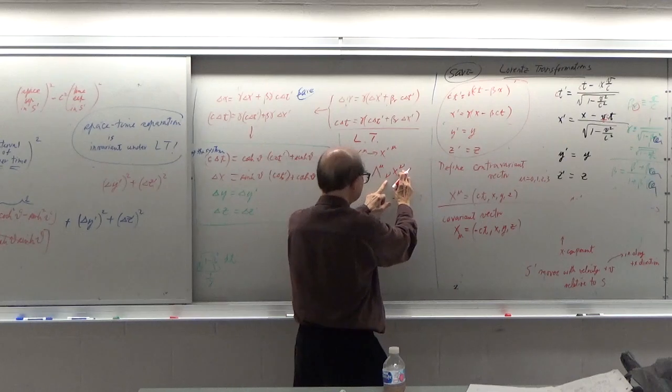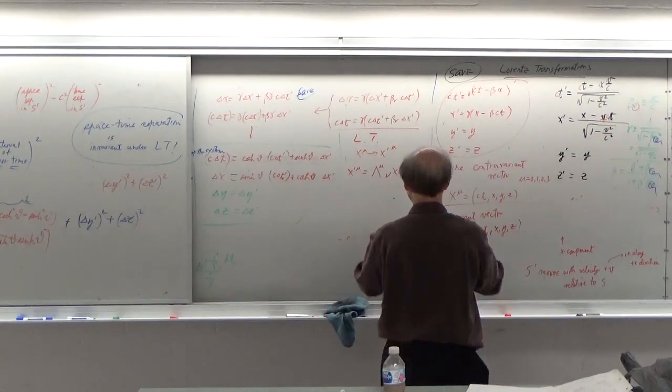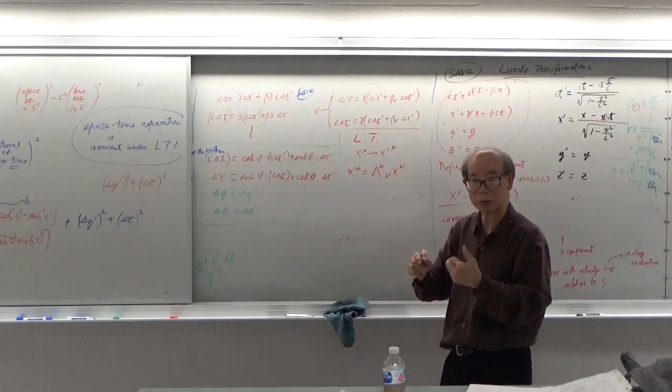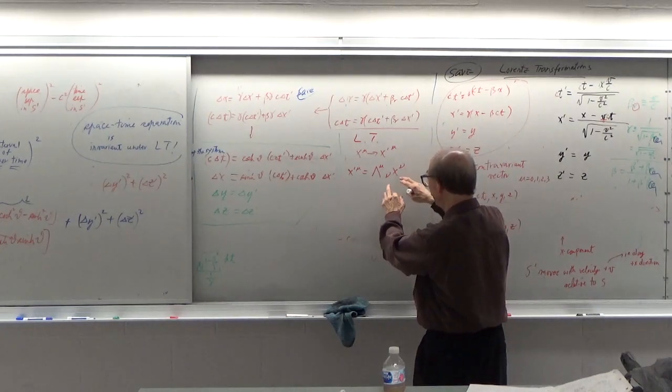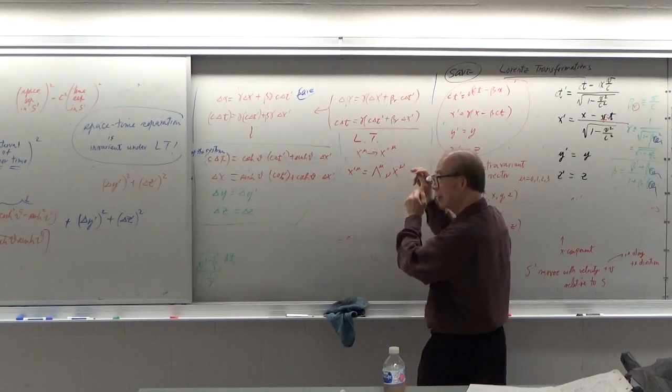And repeating this ν here implies summation, so you're using the Einstein summation convention. So it is the sum of the four terms, with ν being 0, then 1, 2, 3.